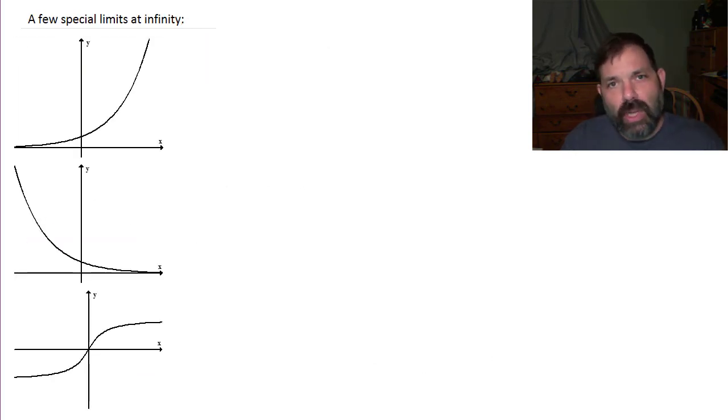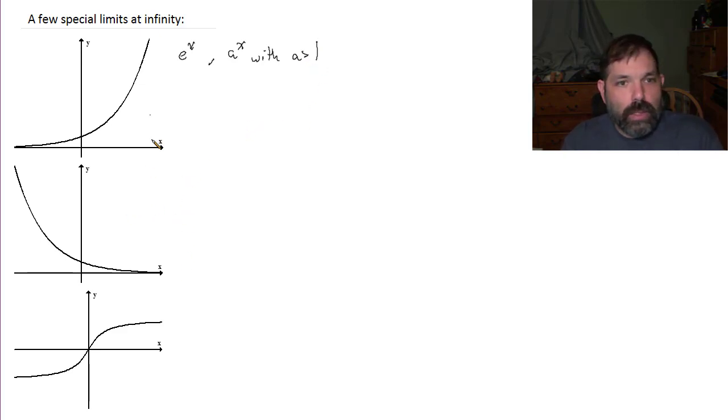There's a few special limits that we want to be aware of. So, some special limits at infinity that we need to be aware of. Here, this is the function e to the x, or more generally, a to the x with a greater than 1.